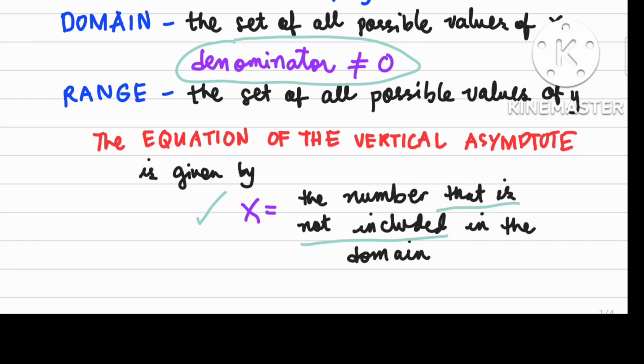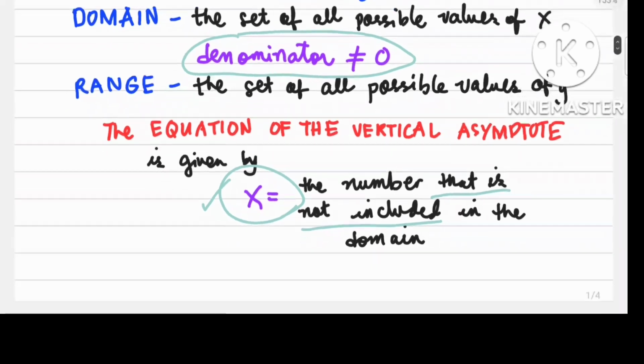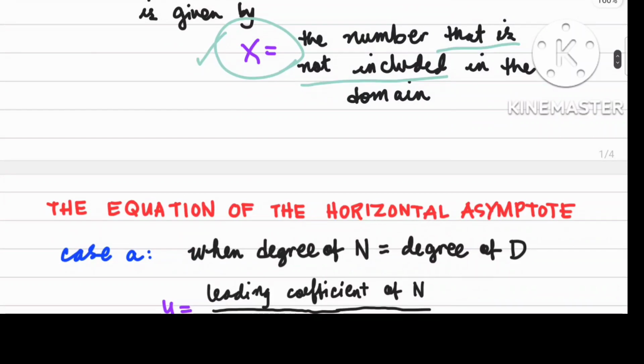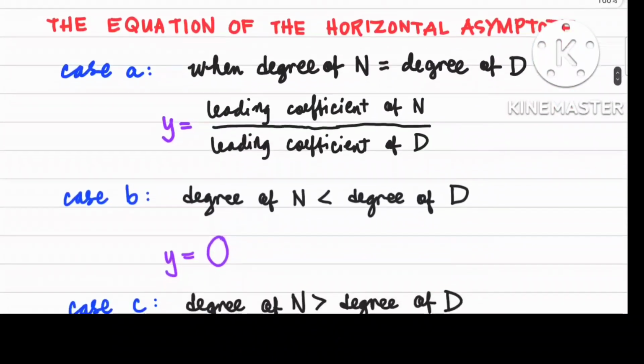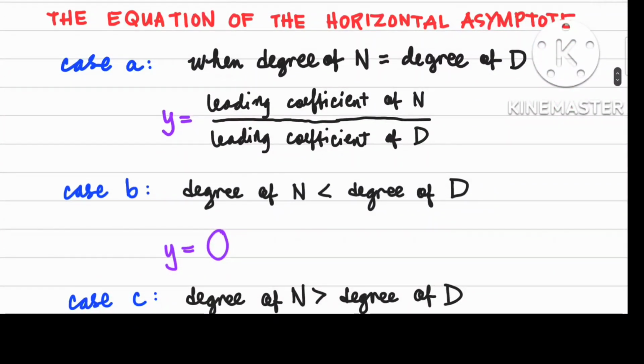So for now, we take note that the equation of the vertical asymptote is given by x equals the number that is not included in the domain, while the equation of the horizontal asymptote depends on the case of the rational function.